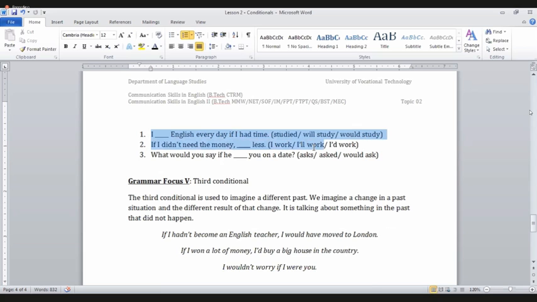Okay, right. Second one, can you put it to the first conditional quickly? Okay, so this should be changed. If I didn't becomes present. What is the present tense of didn't?